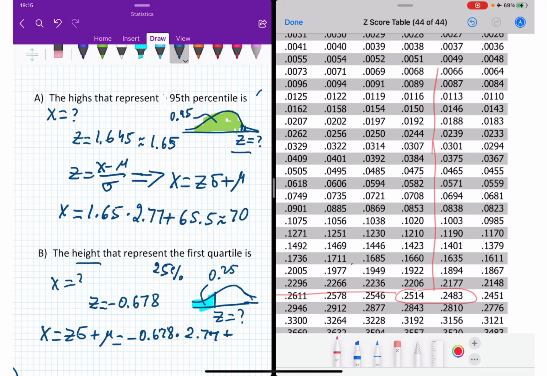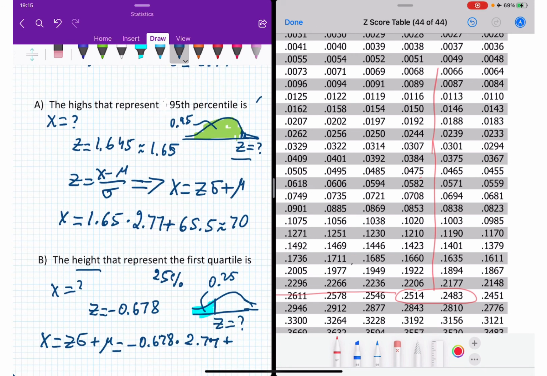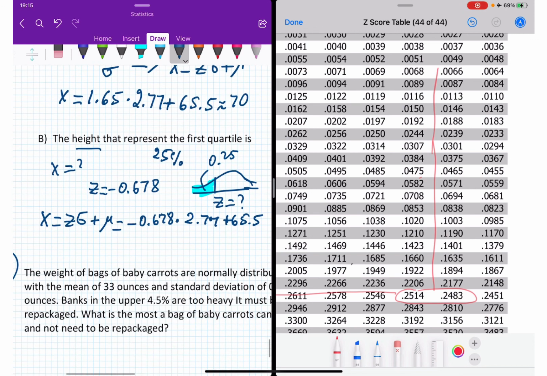And plus mu, average 65.5. So let me write down 2.77 normal. So this one is multiplication sign.